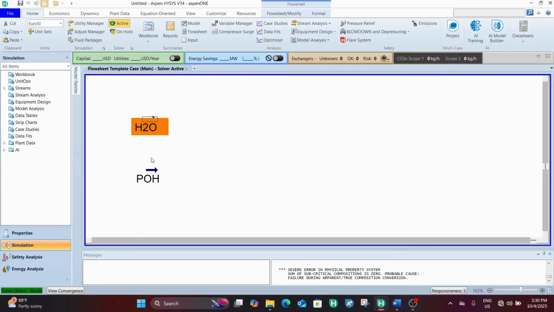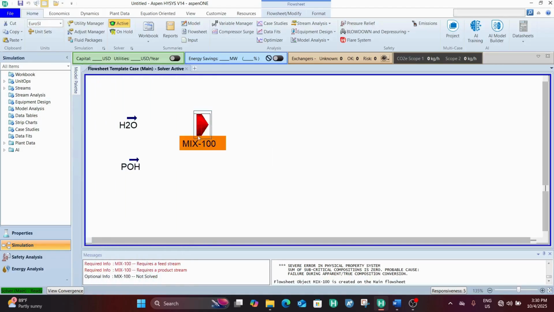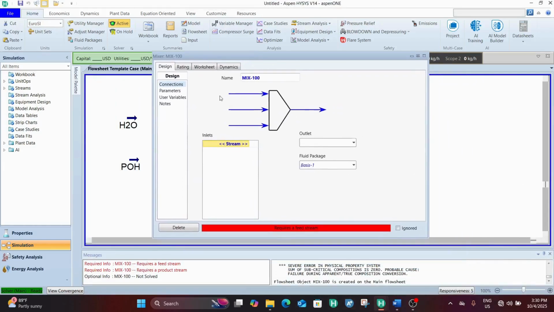All right, so to add potassium hydroxide to our water, we just need to mix. H2O, and we could call this, let's just say, mixed.